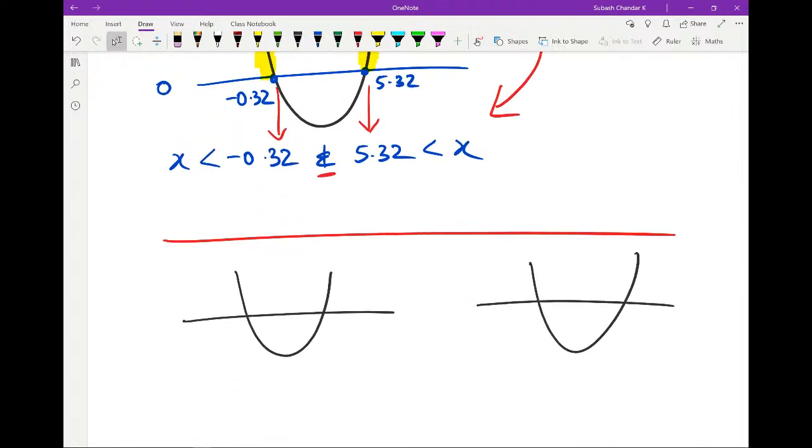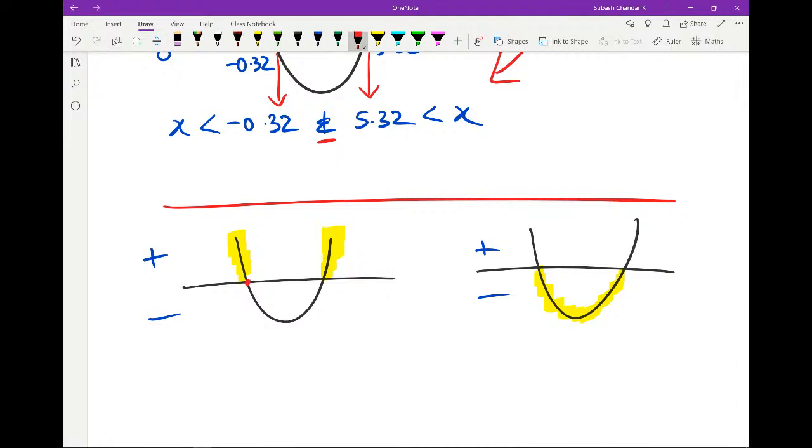If it's positive, then you're looking for these two things. If it's negative, you're looking at this, because this is what the graph looks like, where that's positive, that's negative. Then let's say this number here is -3 and 5.